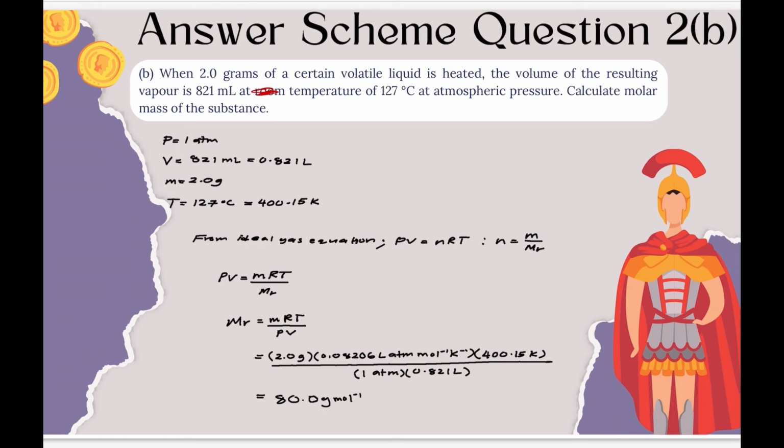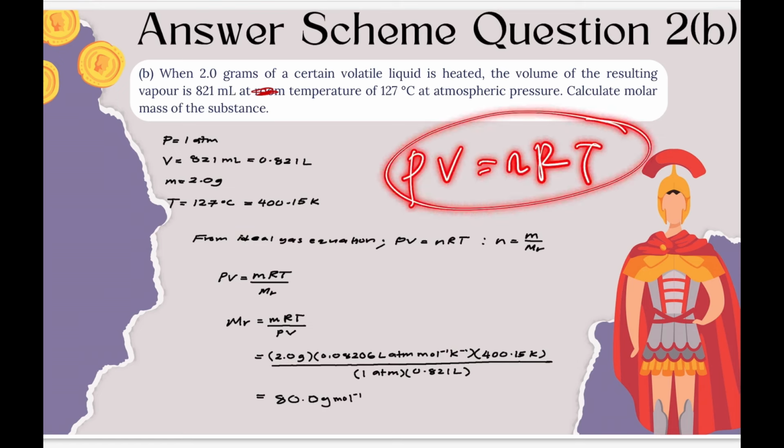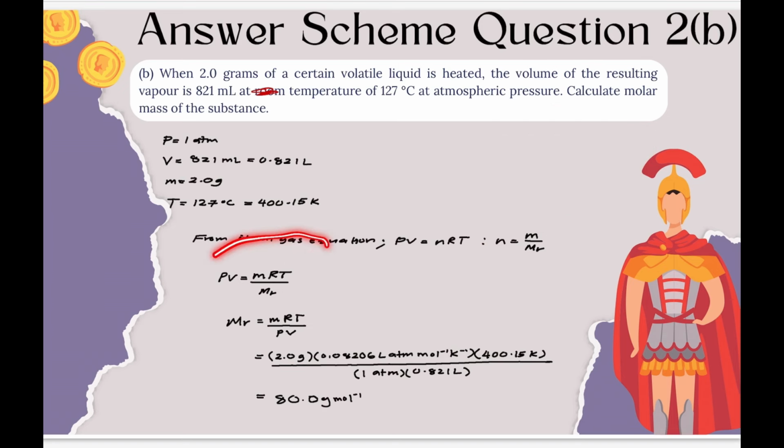Basically it's the same thing, using PV equals nRT and the formula moles equals mass over molar mass. Put in all the values given, but always make sure that temperature must be in Kelvin, volume must be in liter, and pressure must be in atm, and you will get the final answer of 80.0 grams per mole.